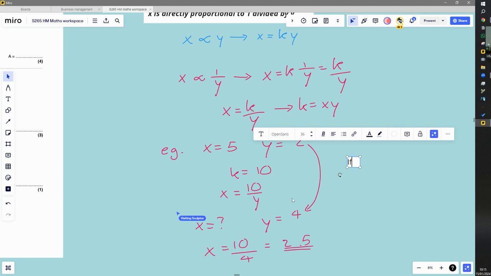So this is the other thing that we can say about inverse proportion. If y doubles, x halves. Now, the other thing about inverse proportion is that it works both ways, in the same way as direct proportion works both ways.